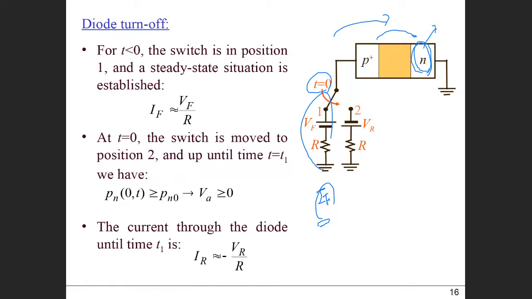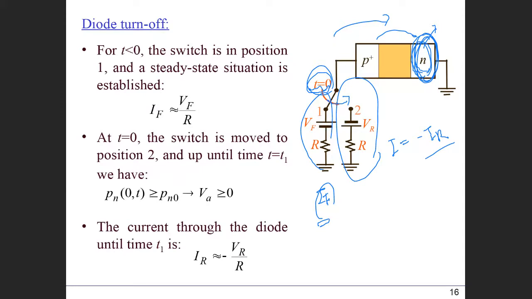Now, at t equals 0, we suddenly change this switch to the reverse bias. From the outside, we suddenly change this to the reverse bias, so our current changes to negative IR. During that time, the n side hole concentration cannot suddenly change to the reverse bias thermal equilibrium value.